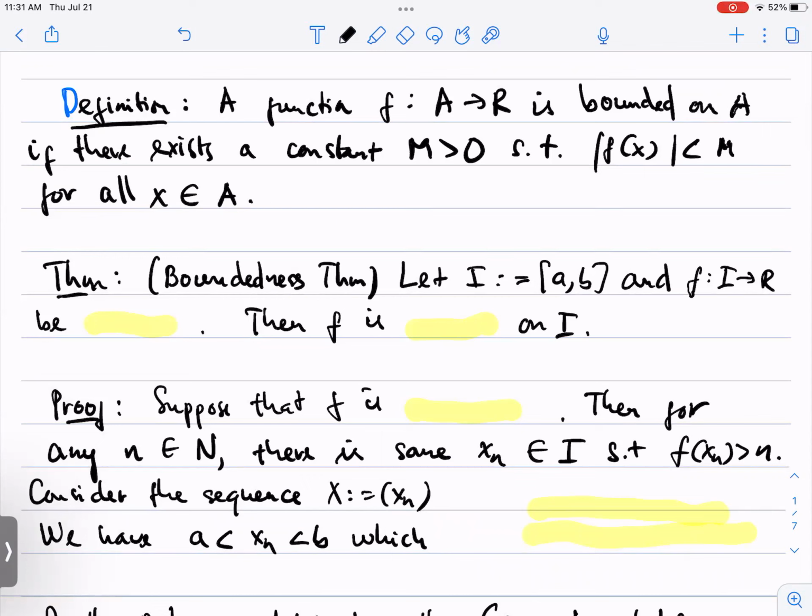We talked about the boundedness of a sequence in a previous chapter, and now we talk about the boundedness of a function. They are certainly related to each other because a sequence is just a special function.